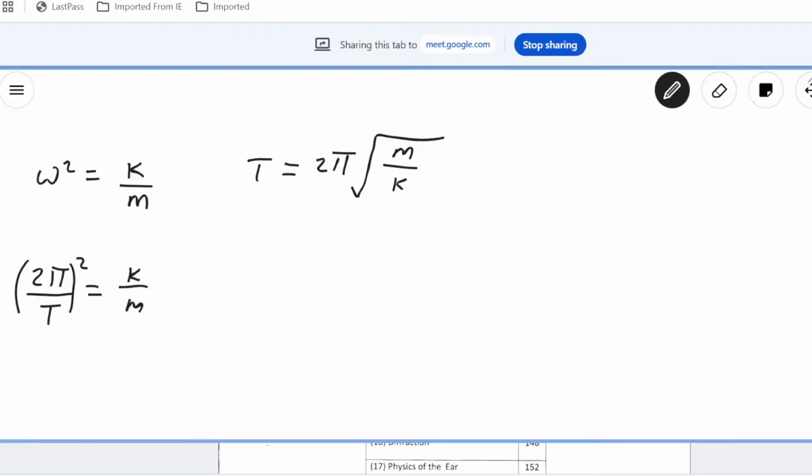How would we make mass the subject now? You would have T equals 2 pi times root m over root k, and then you would just cross multiply and get m. Why does that sound so complicated now?